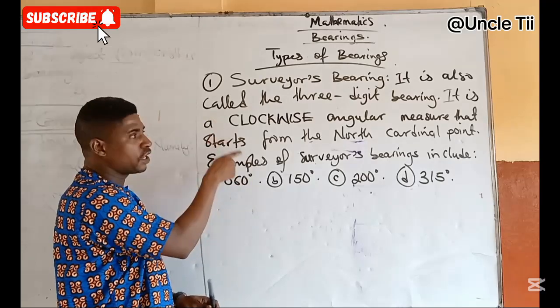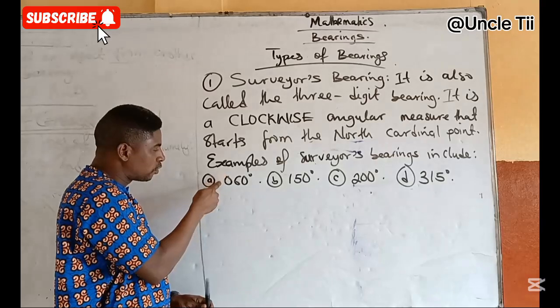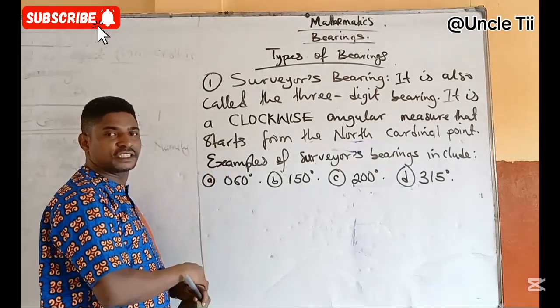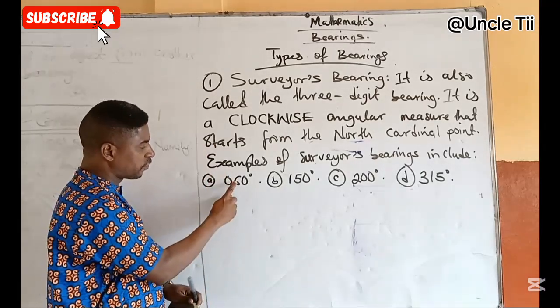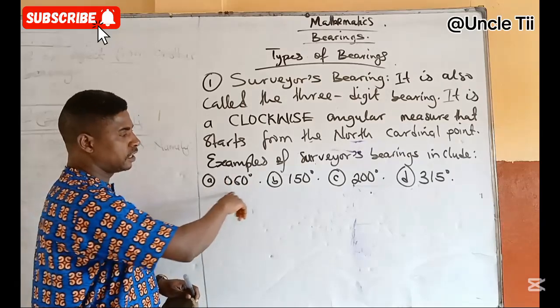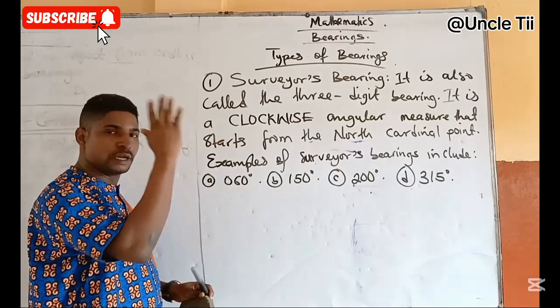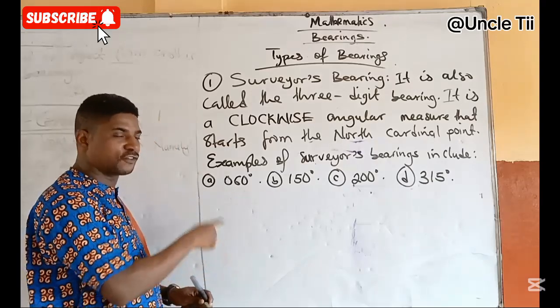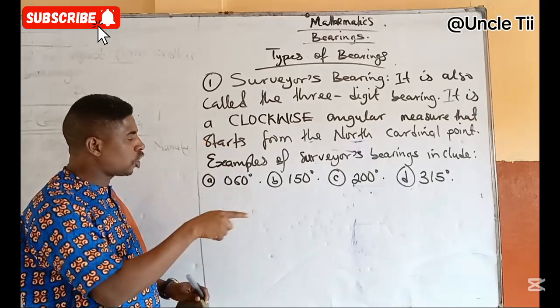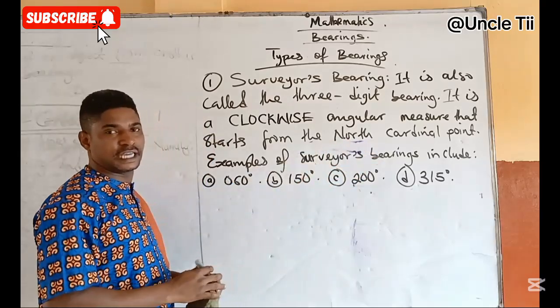But because the surveyor's bearing is a 3-digit bearing, we have to introduce this 0 before the 60 to change it from 2 digits to 3 digits. In all of these bearings, as you are going to see through diagrams, we will move clockwise from the north and stop depending on the sizes of the angles.